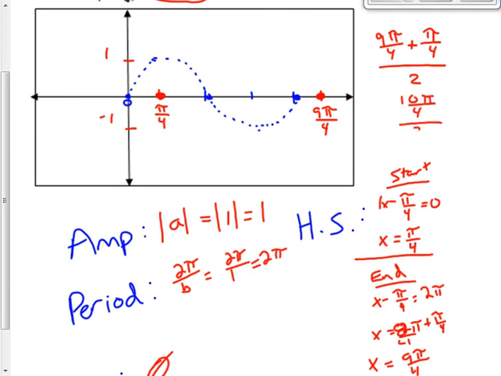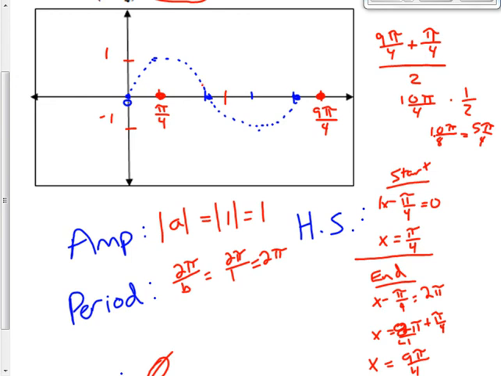And when I divide that by 2, I actually need to multiply that by 1/2. Multiplying by 1/2 and dividing by 2 are the same thing. Flip over the fraction. And so I get 10 pi over 8. Which reduces, 2 goes into both of those, so I get 5 pi over 4. So halfway between these two is 5 pi over 4.